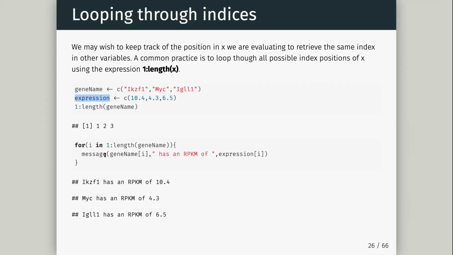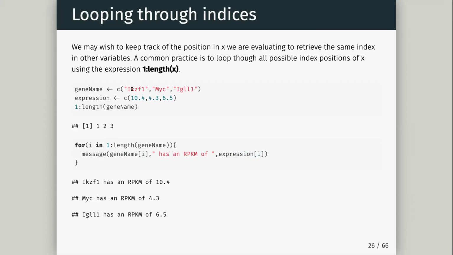What I would then do is loop through not necessarily the actual gene names themselves, but just loop through the positions. So here I'm going to do 1 to length of gene name. That will give me 1 to the total length of that vector, 1, 2, 3. And as I loop through, I will look up the first index of gene name, and I will look up the first index of expression.